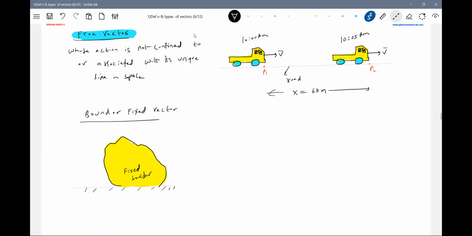Then I'll apply a force on it. Let me apply the force at one specific point here. You can see this. I applied a force and it will not undergo displacement.